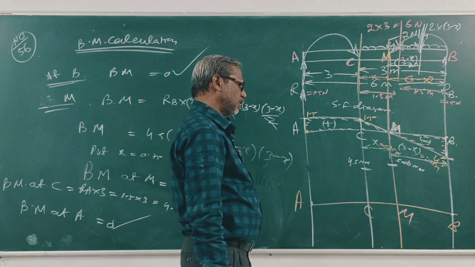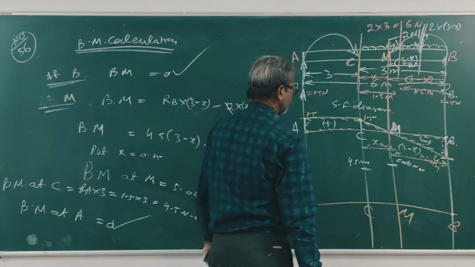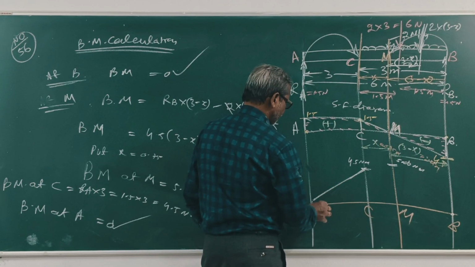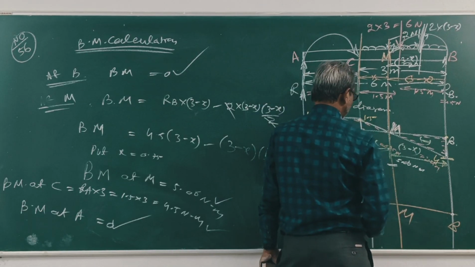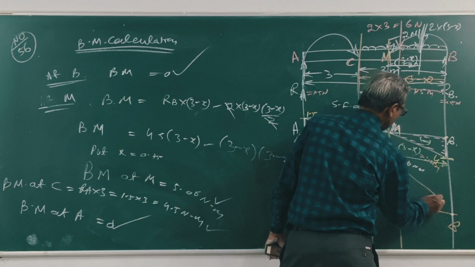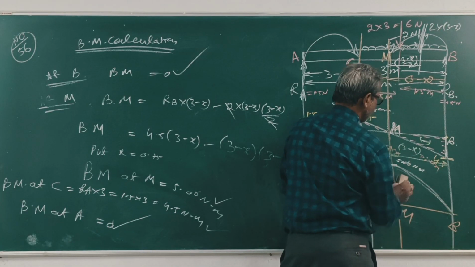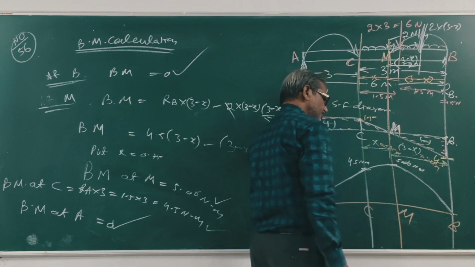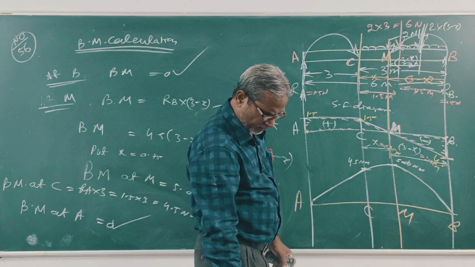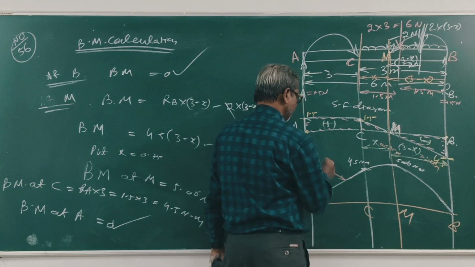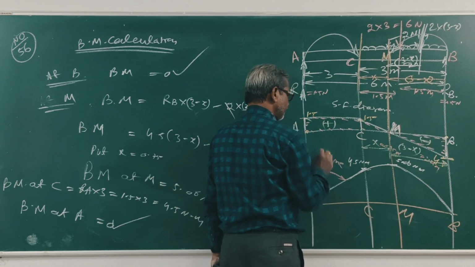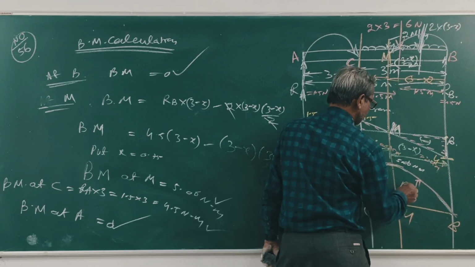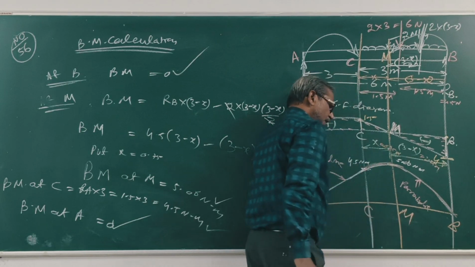So join all the points. From A to C, this is a straight line, because this is a point load. From B to C, a parabolic curve. Clear?